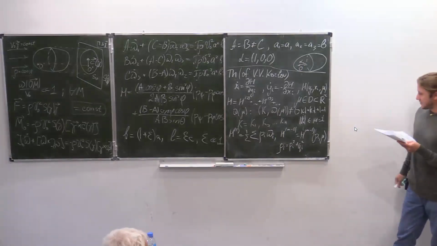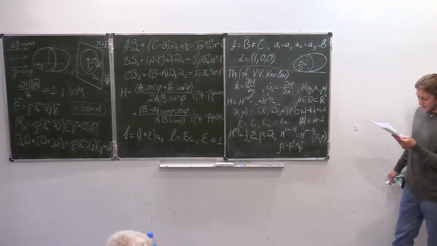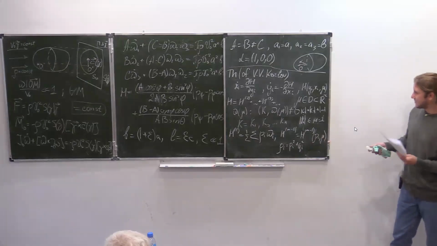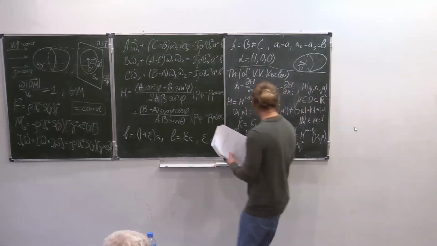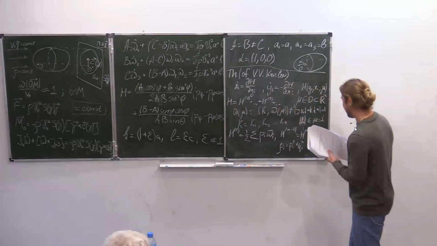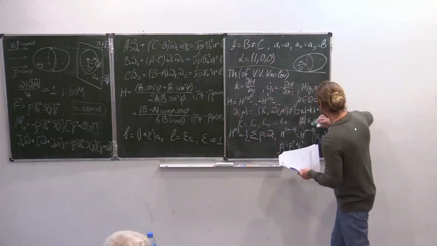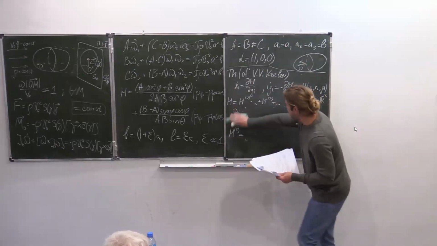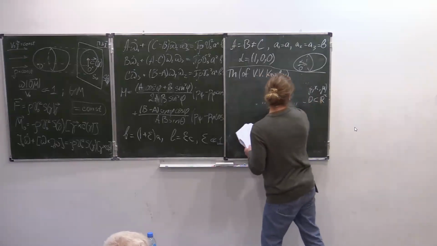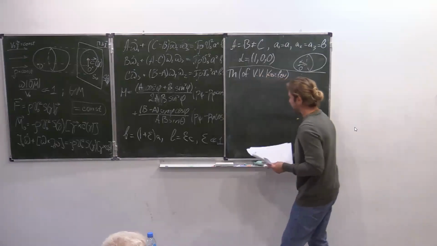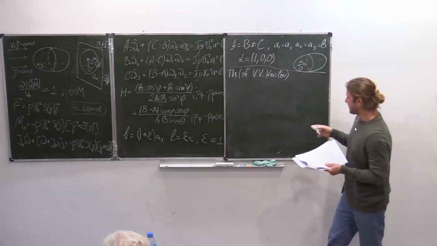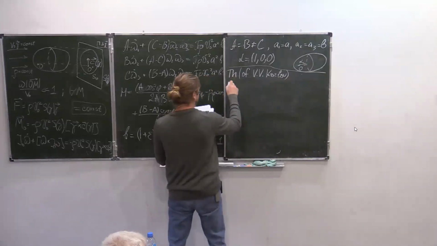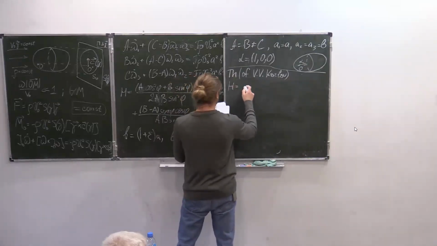Next, we can proceed to the action-angle canonical variables and write the Hamilton function forms in these variables. In the action-angle canonical variables, the first m-1 forms will take this form.